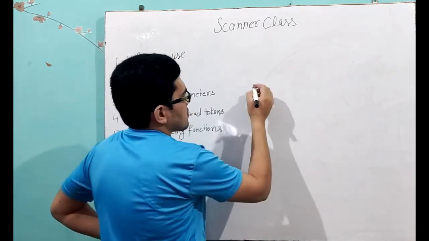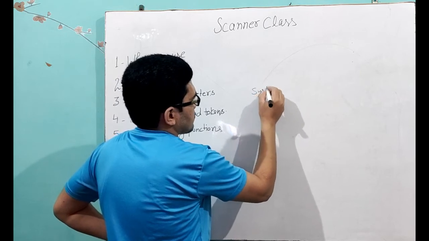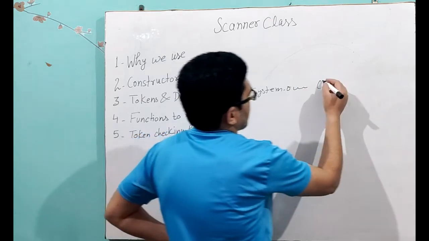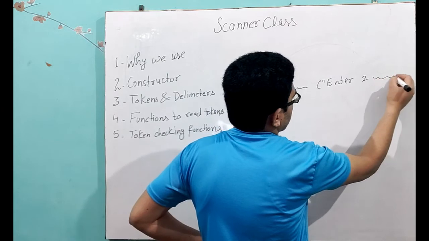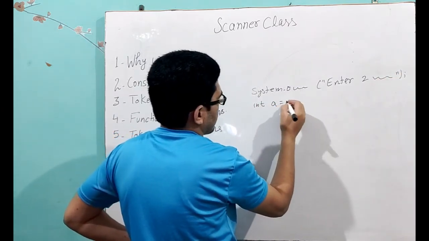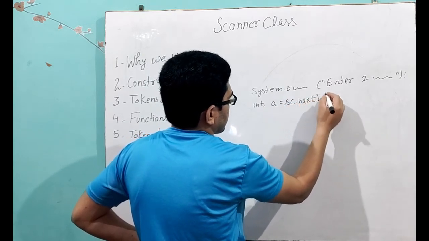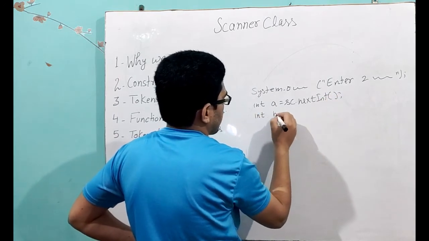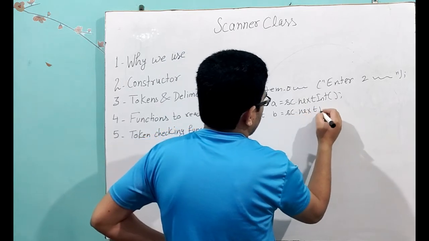Suppose I made a program: System.out.println, enter two numbers. First number I stored in A using the function sc.nextInt, and second number I stored in B, sc.nextInt.